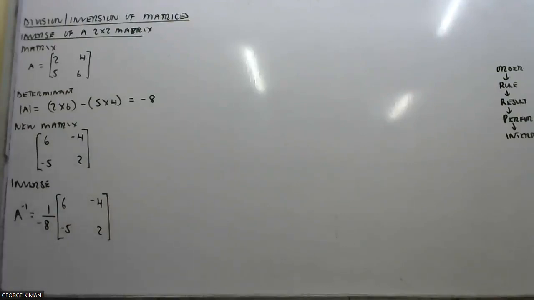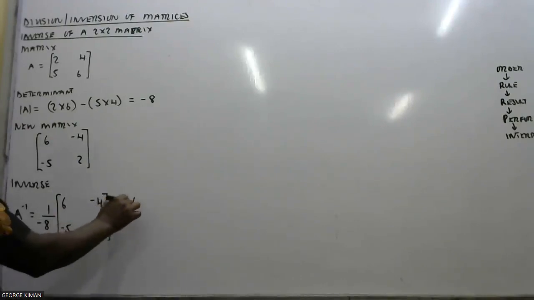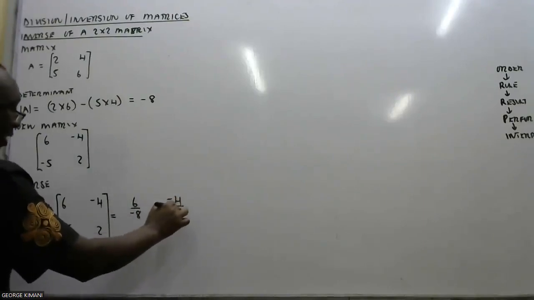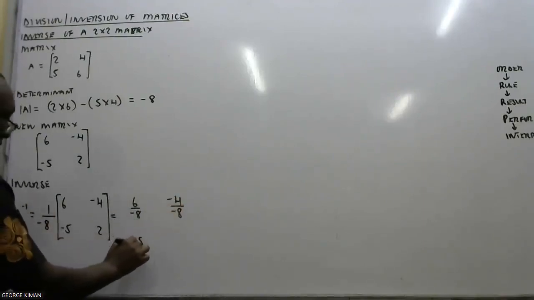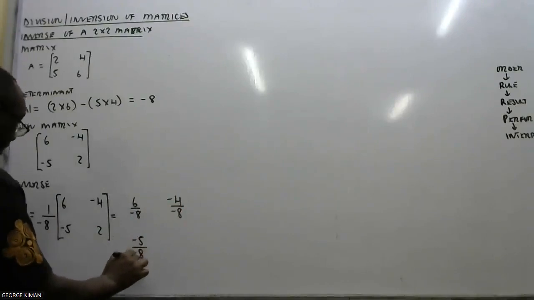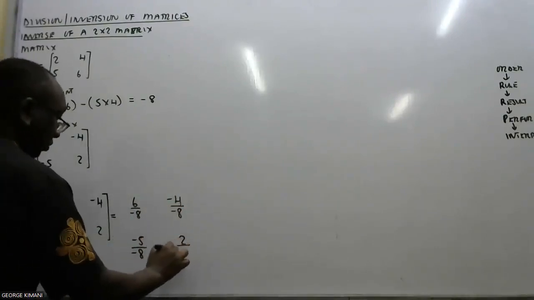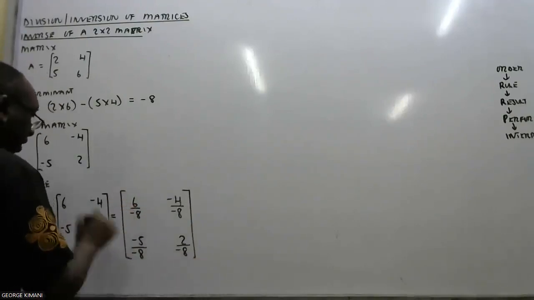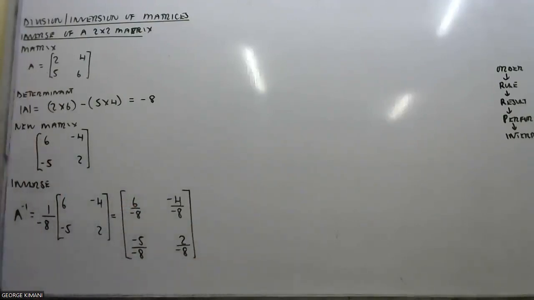And if you want to open the brackets, then this will be 6 out of -8, -4 out of -8, -5 out of -8, 2 out of -8. That is how it will be if you are opening the brackets.